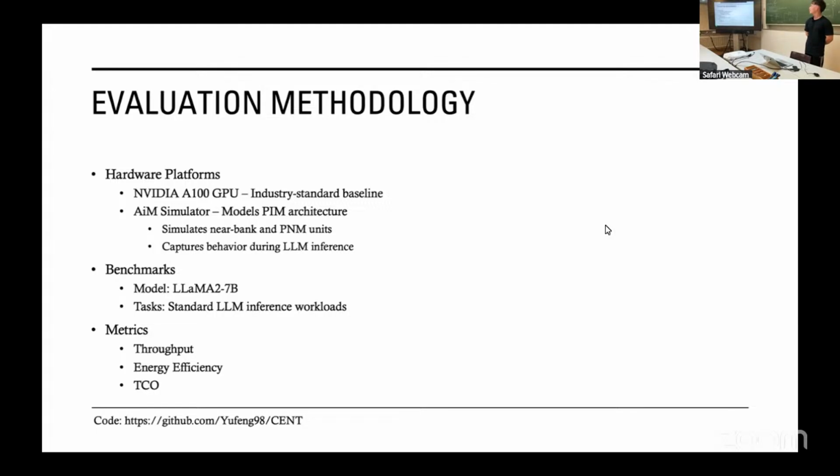The AIM simulator is, by the way, open source. You can see the link below if you're interested. And for the benchmarks, they only use the Llama 2 7B model. And as the metrics, they computed the throughput, energy efficiency, and the total cost of ownership, short TCO.